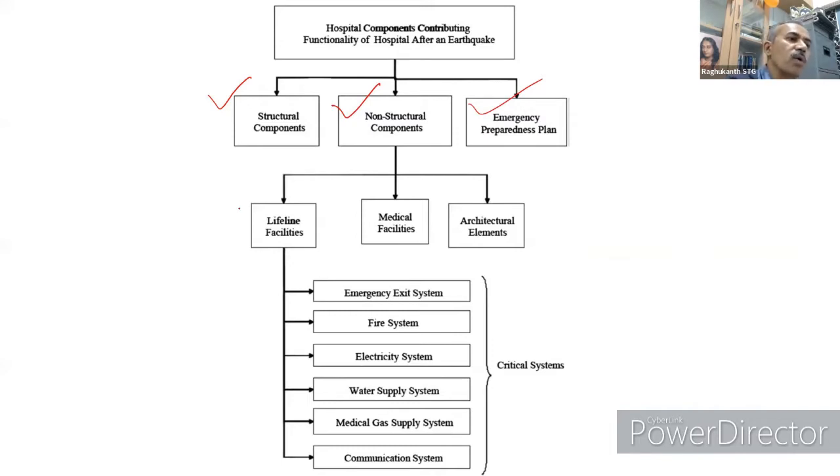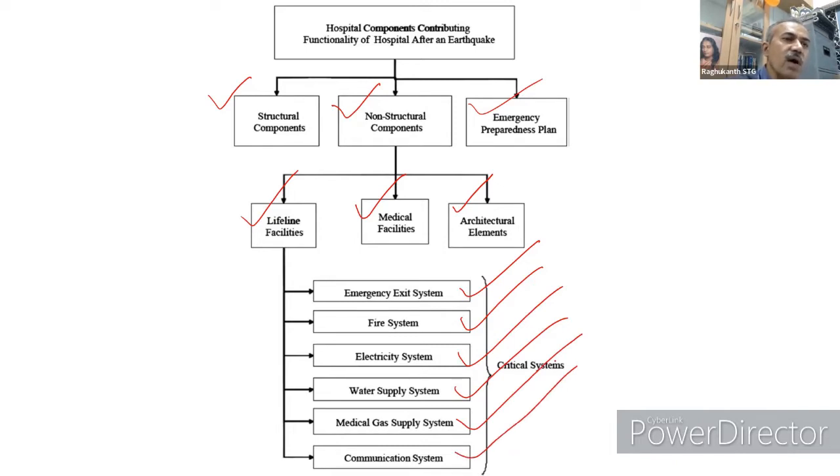Then not only the structural components but also non-structural components, say architectural elements, medical facilities, lifeline facilities like emergency exit, fire system, electricity, water supply, medical gas like oxygen cylinders, then communication systems. We have to take care of all these things and then evaluate the hospital.